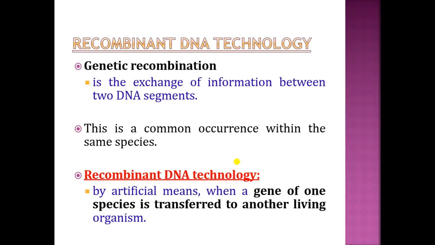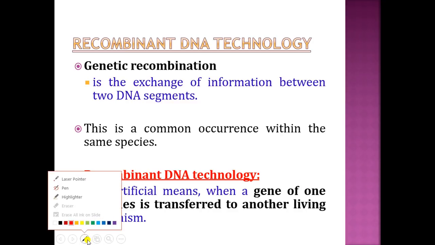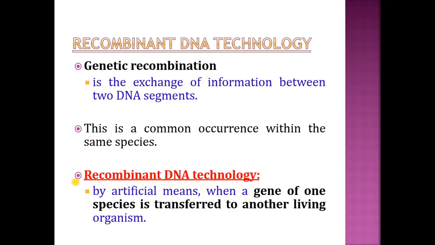But by artificial means, when a gene of one species is transferred to another living organism, that is our recombinant DNA technology. So this is recombinant DNA technology: when we transfer a gene of one species to another living organism.